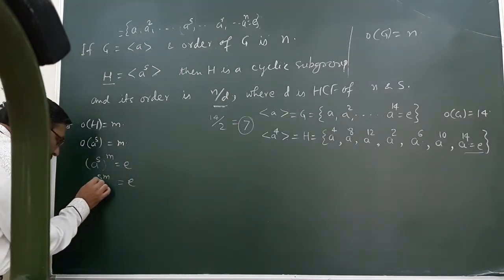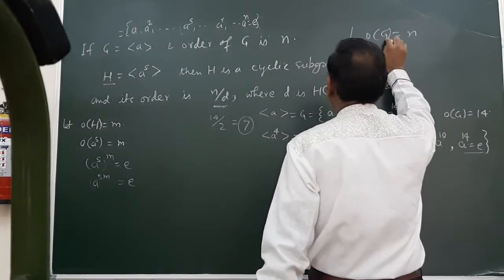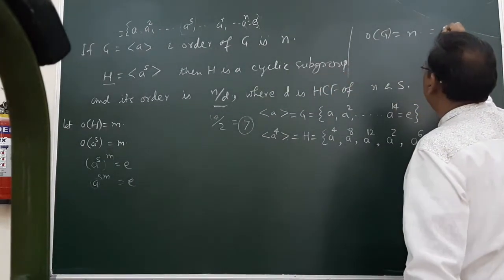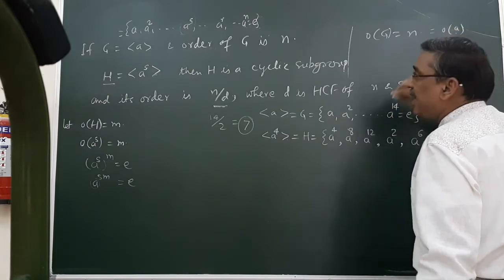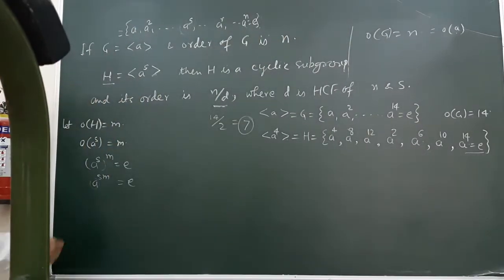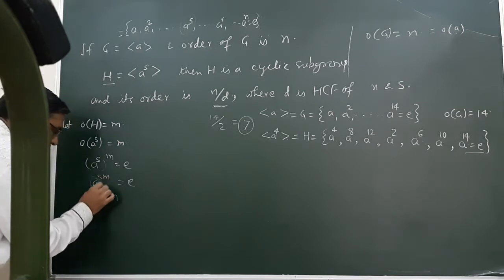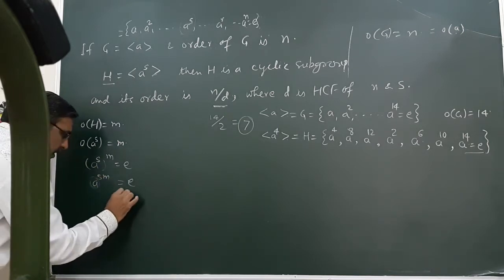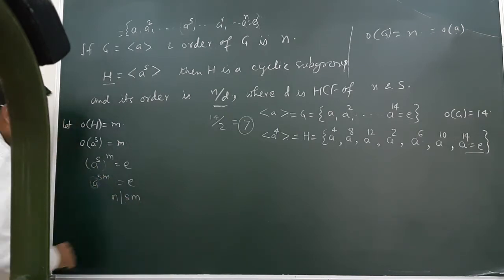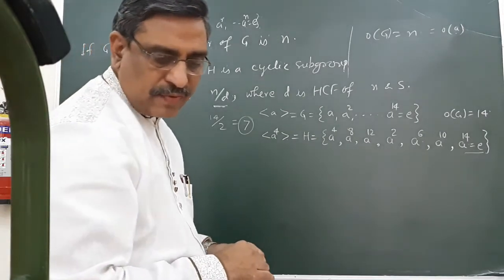And we know the order of G is n, and it is also the order of A, since A is the generator of G. Therefore, the order of A is n, so n divides Sn. This is one result.